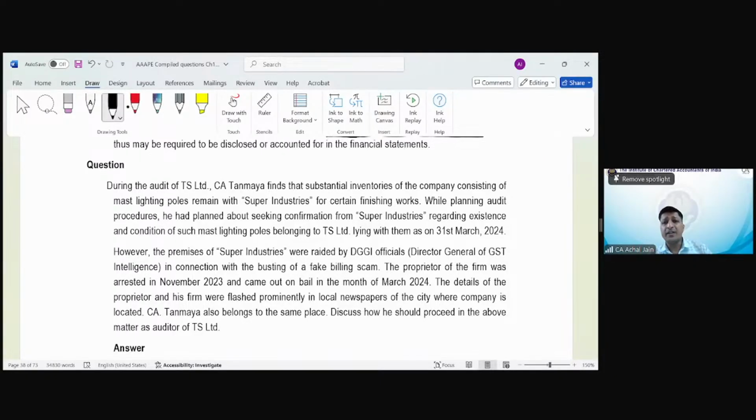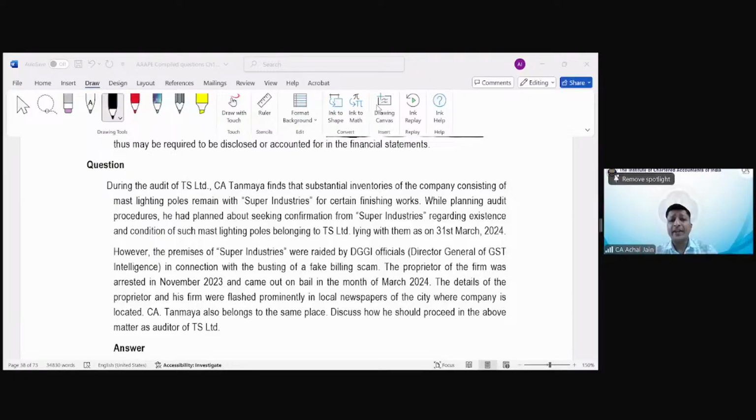However, the premises of Super Industries were raided by the DGA officials in connection with some sort of scam. The proprietor of the firm, Super Industries, was arrested during the year, and then was given bail in the month of March 24, which is before the end of the year.